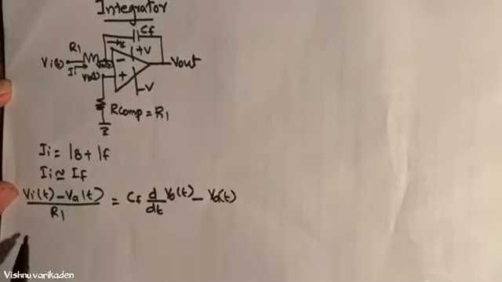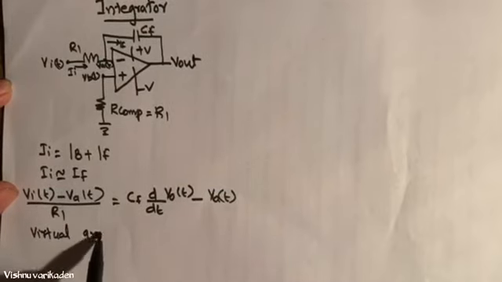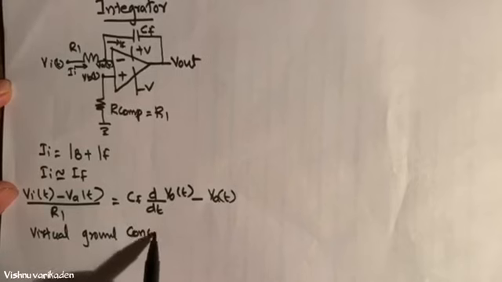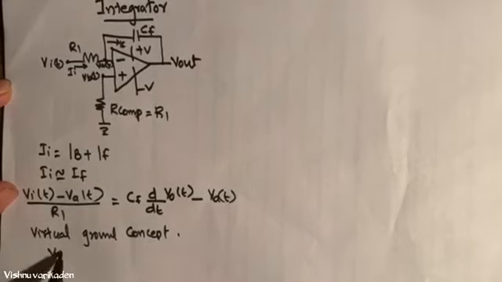So by the virtual ground concept, VA of t equals VB of t equals 0.